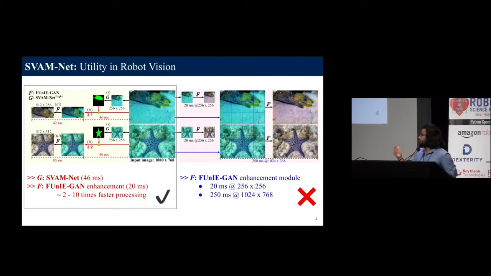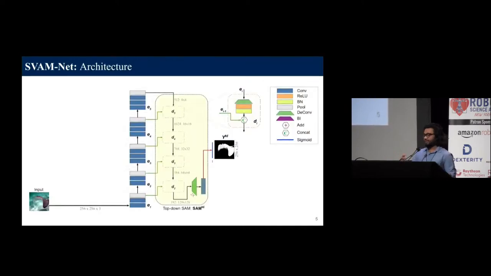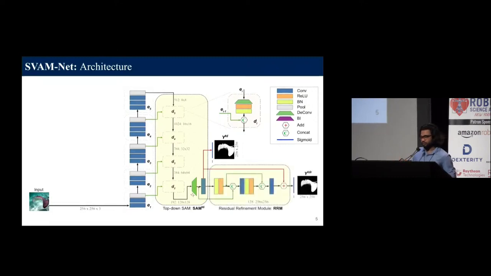Now we'll briefly talk about our model architecture. The backbone of the SVAMnet model is a traditional encoder-decoder model. The input goes to 5 layers of encoders for feature extraction, and then those are used by 5 reflective decoders in a top-down fashion for saliency estimation. We then use a residual refinement module to further refine the output for fine-grained salient object detection.